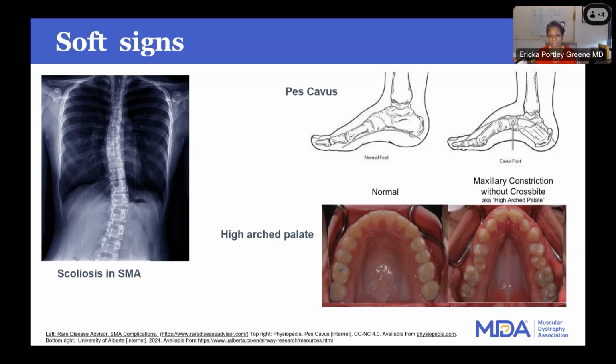I would say the vast majority of patients who have an inherited neuromuscular disease have a narrow, higher arched palate, as you can see on the right, with maxillary constriction. We typically have a nice cross bite here in the front, and you lose that with the narrowing. And again, this is a soft sign that developmentally the musculoskeletal system did not develop fully.